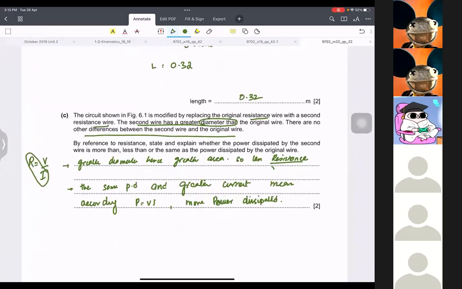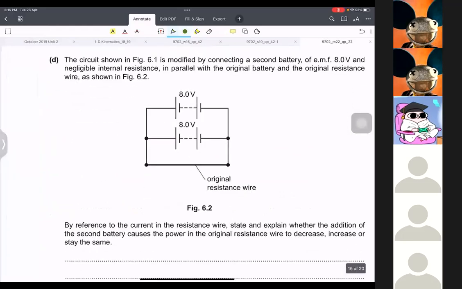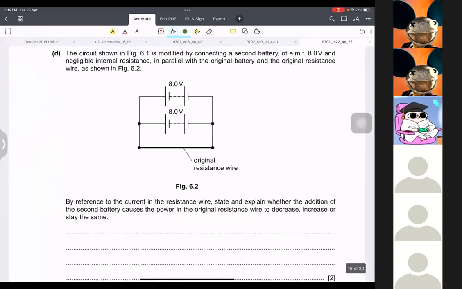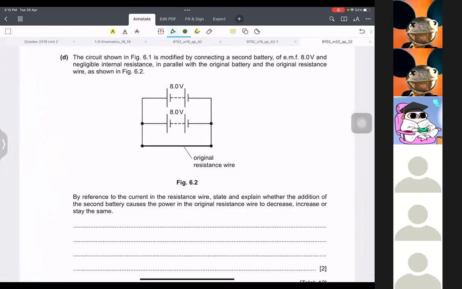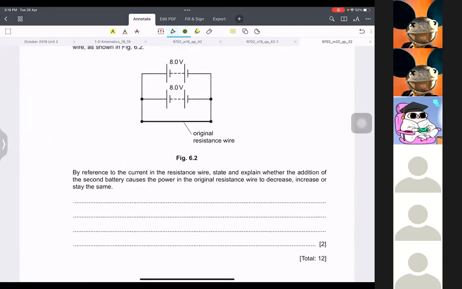All right. Now, part D. It says the circuit is modified. A second battery of the same EMF is connected in parallel. By reference to current, resistance and power, explain. First of all, I would like to tell you that it's the original wire.